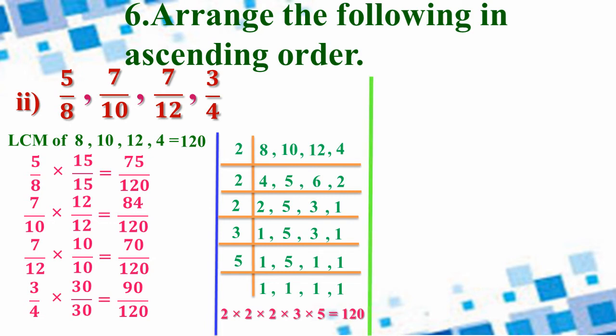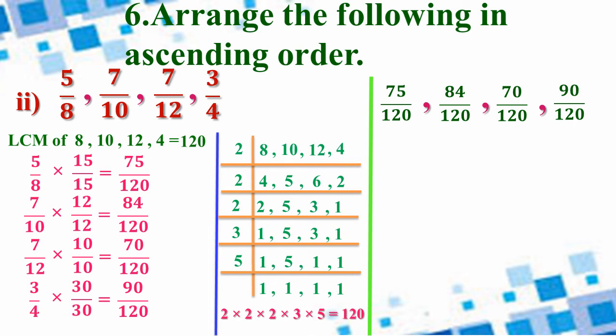So here the fractions 75 by 120, 84 by 120, 70 by 120 and 90 by 120 are like fractions. Let us write the ascending order. We know ascending order means to arrange the fractions from smallest to largest number.